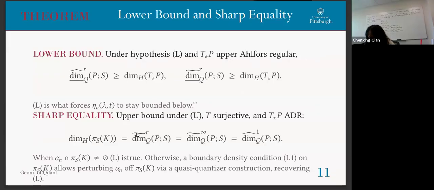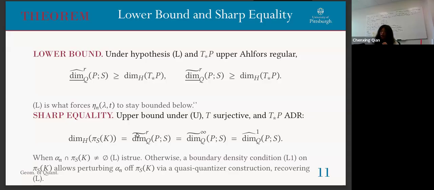The lower bound theorem says the following. More precisely, under the hypothesis L, a short notation saying that the quantity eta n remains bounded below, and we also suppose the push forward measure is upper Ahlfors regular, then the lower constrained quantization dimensions are bounded below by the Hausdorff dimension of the push forward measure.